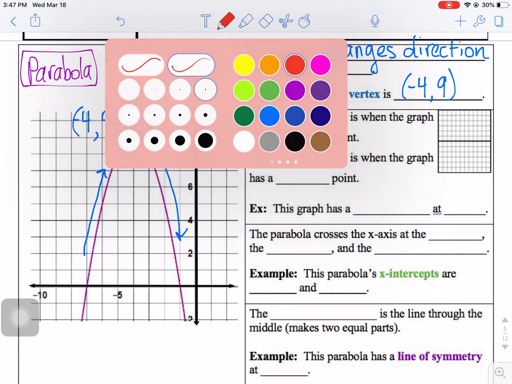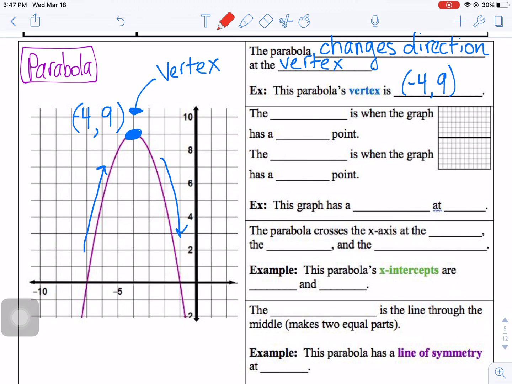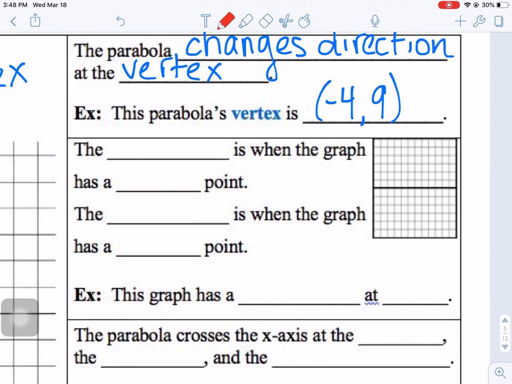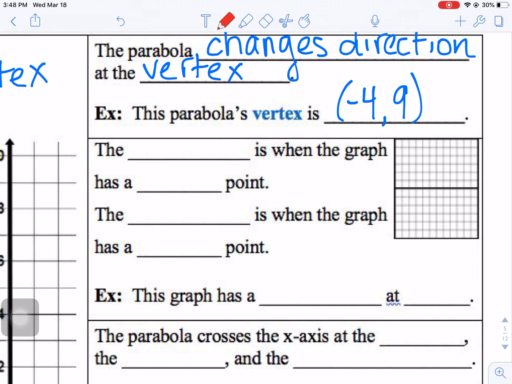The next part I'm going to color in red. A parabola has a maximum when the graph has a high point. So if our graph, if you look on the right here, is open down, we can say our graph has a maximum.